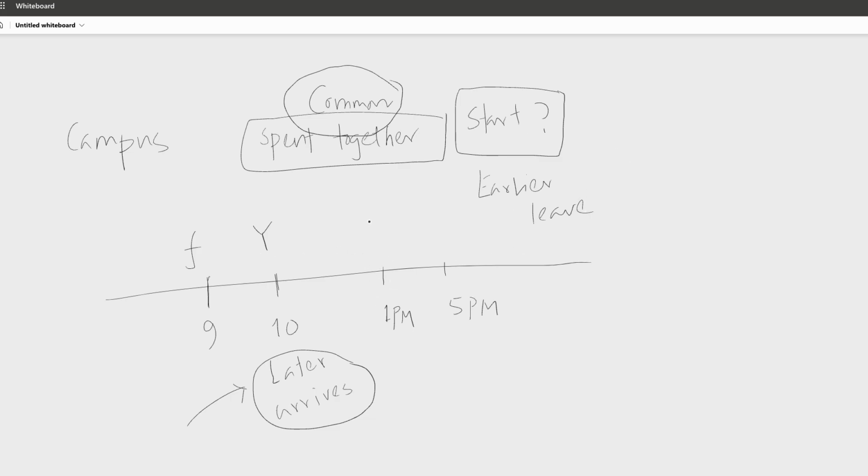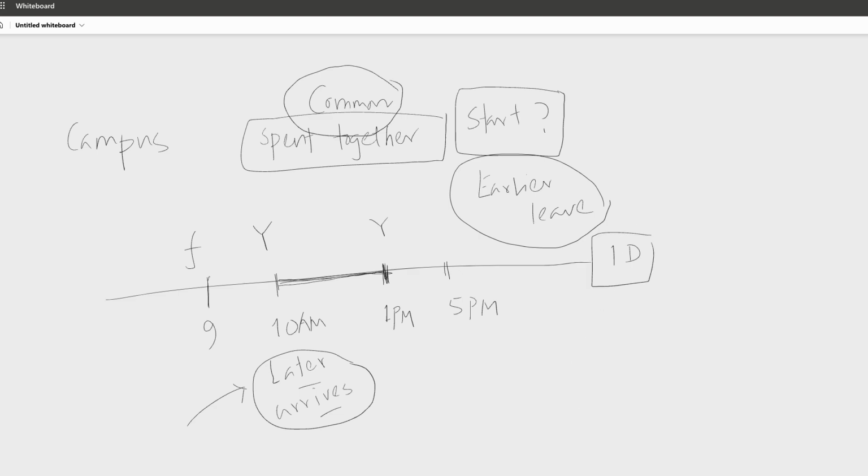You left at 1 p.m. and your friend left at 5 p.m. So the time spent together is from 10 a.m. to 1 p.m. So we can see that if a common area exists, it will start at the later arrival and end at the earlier leave. This makes sense, and it is the case for one dimension, by the way.